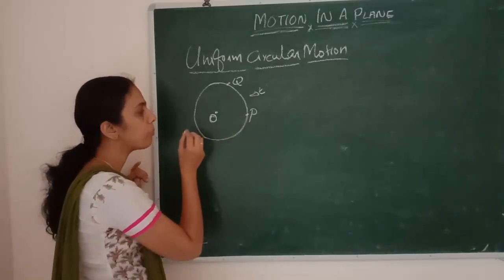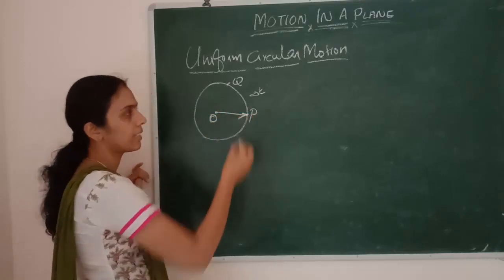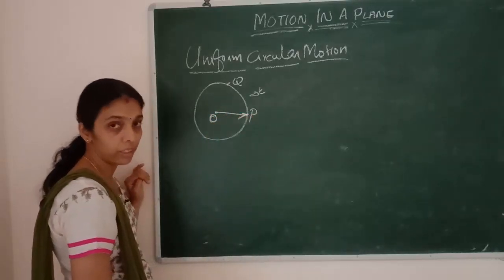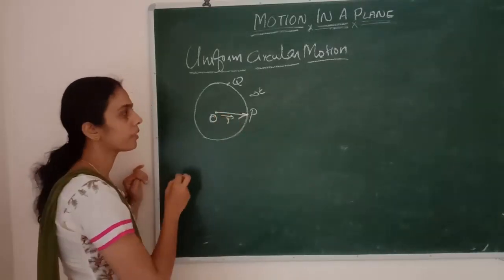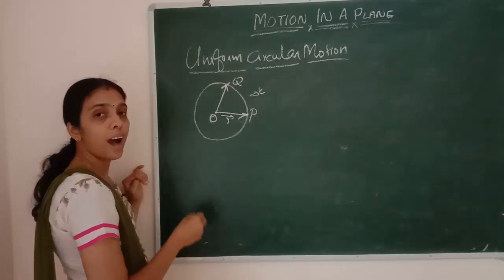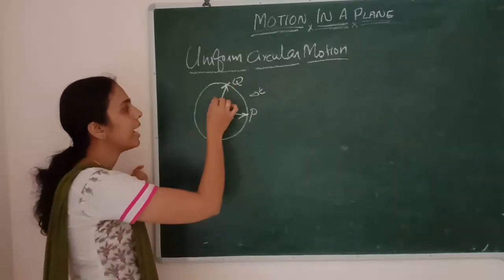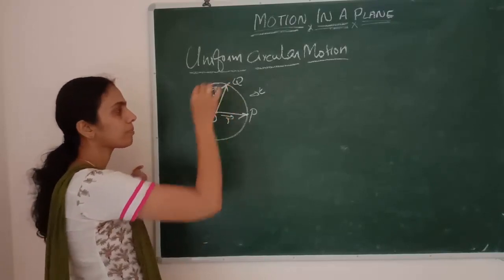So for the point P, OP represents the position vector, vector R. OQ represents the position vector after a time interval delta t, and it is given as R dash.